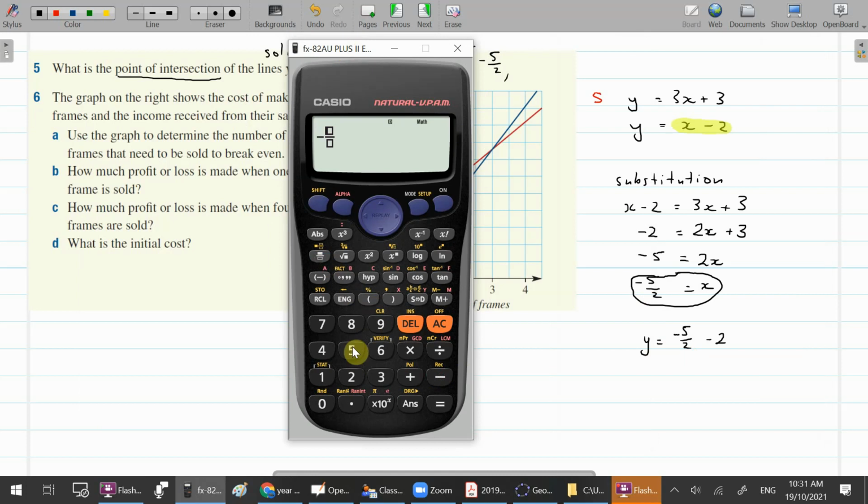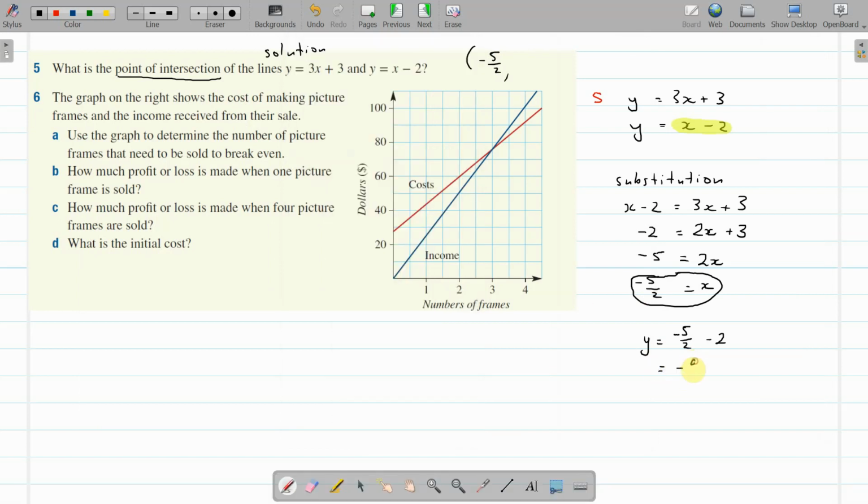Minus 5 on 2 minus 2 equals minus 9 on 2 for y. Minus 9 on 2. Or if you want to use mixed numbers, minus 2.5 and minus 4.5. There we are. That's that one.